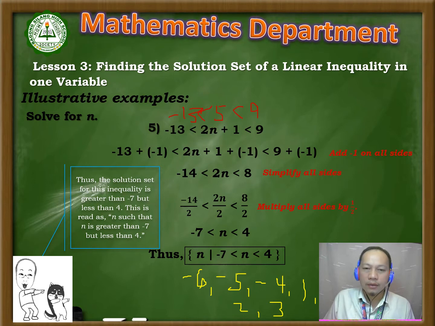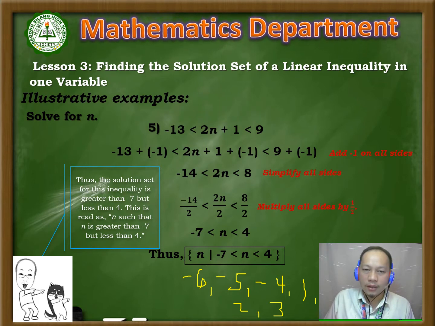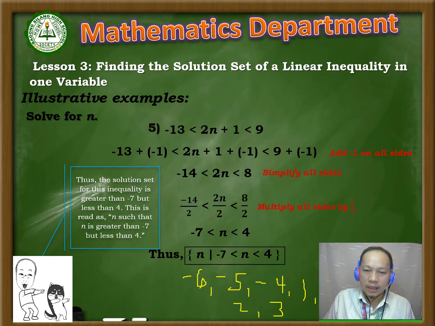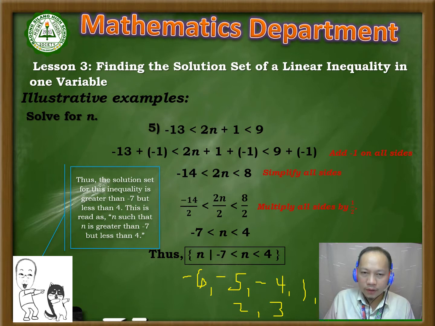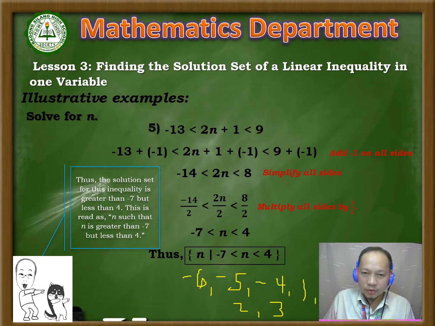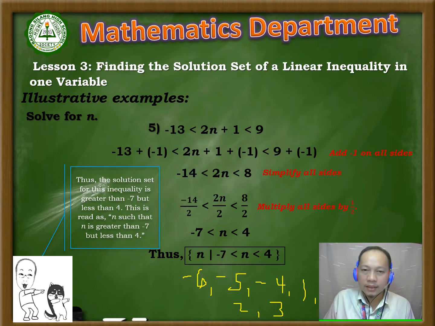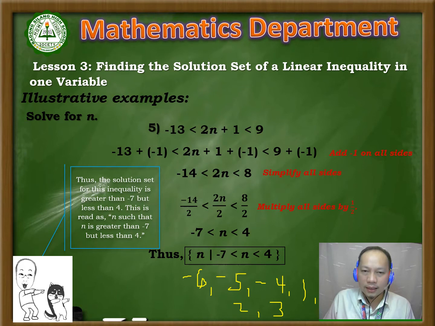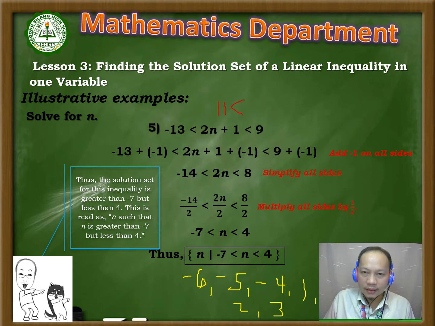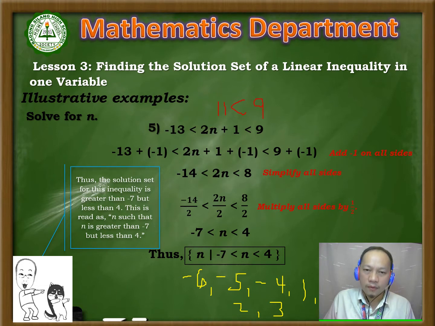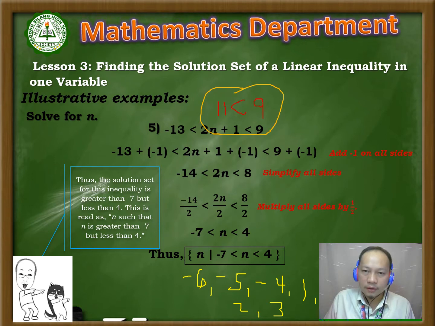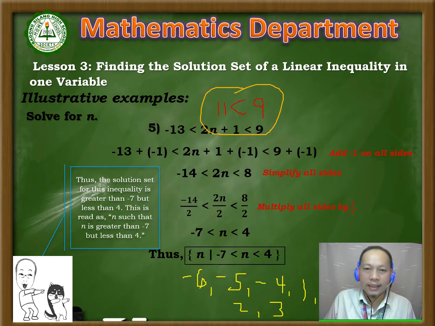But how about values that are not solutions of this inequality? For example, let's say 5. If it is 5, then this must be 2 times 5, and that's 10 plus 1, so that's 11. Is 11 less than 9? It will not satisfy.